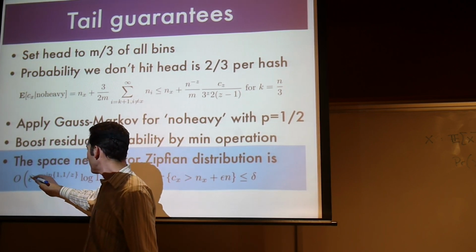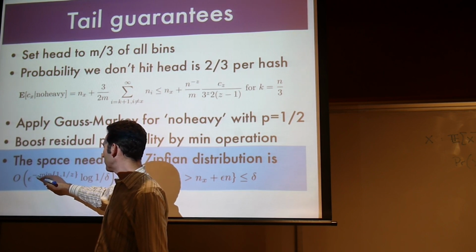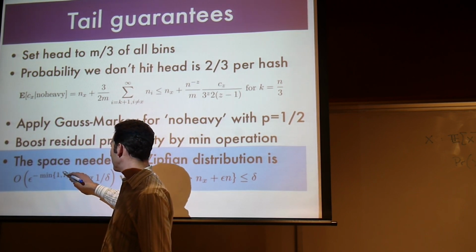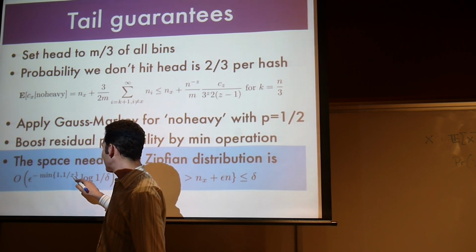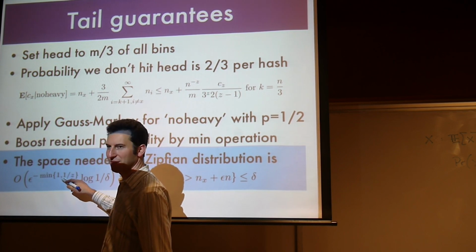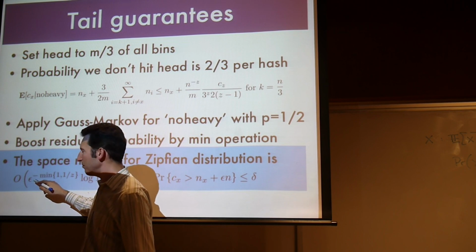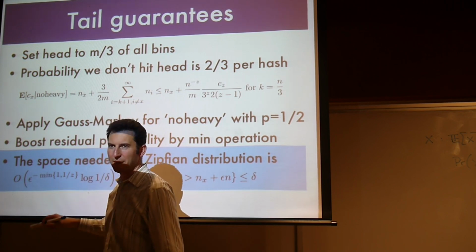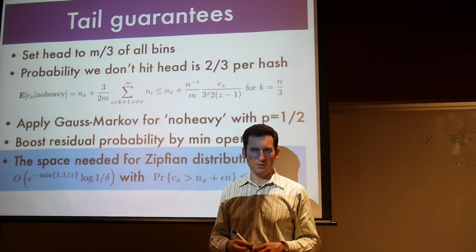So rather than 1 over epsilon dependent, you get 1 over epsilon to the minimum of 1 and 1 over z. So that's the amount of space. The larger this z is, the smaller this number becomes. And so it basically means that I can get much higher accuracy with a sublinear amount of storage, which is really cool.